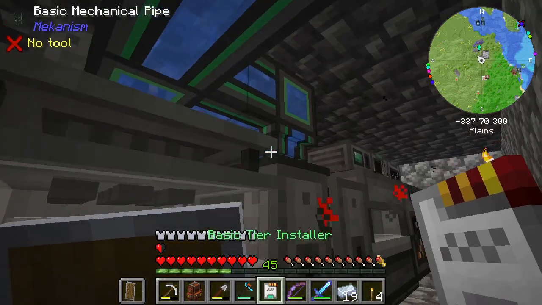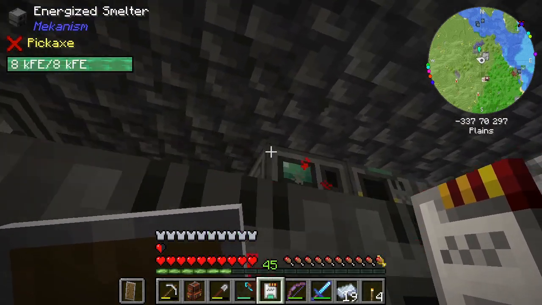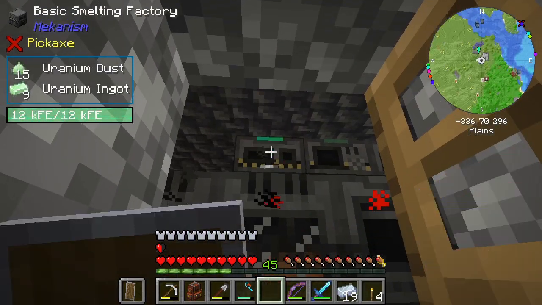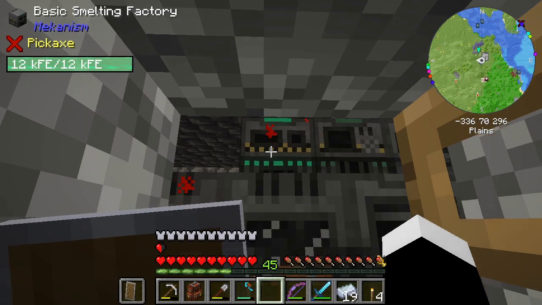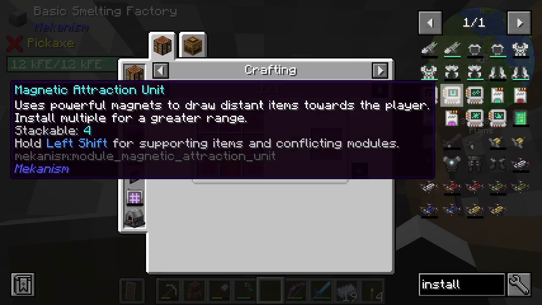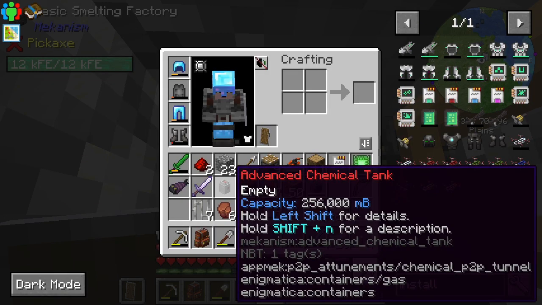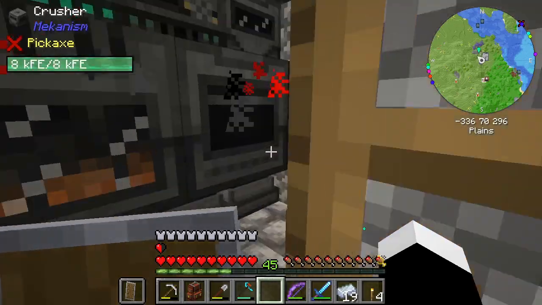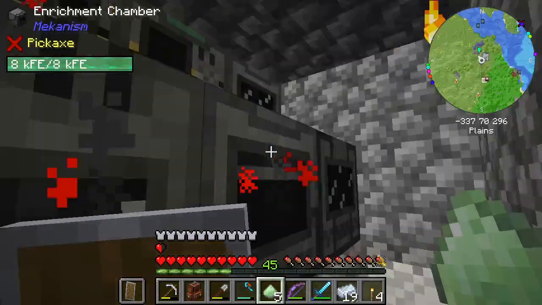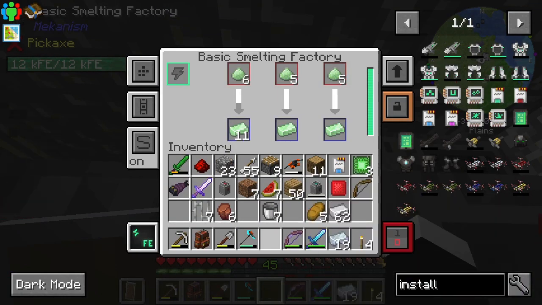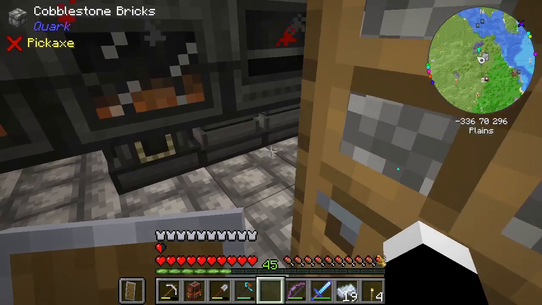So that's... Oh. Basic tier installer. Better turn this on just to make full use of this potential. And the advanced tier installer, that takes like 8, but that's simple. Just like that. Come on.